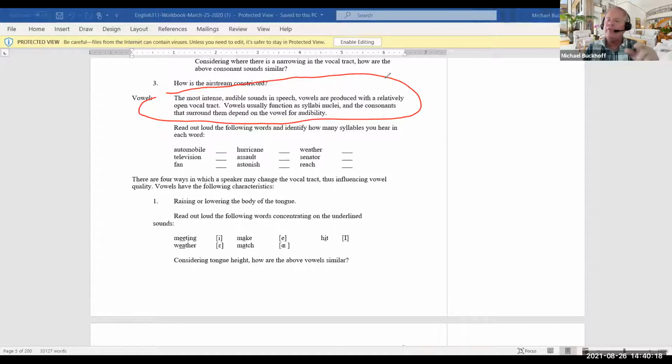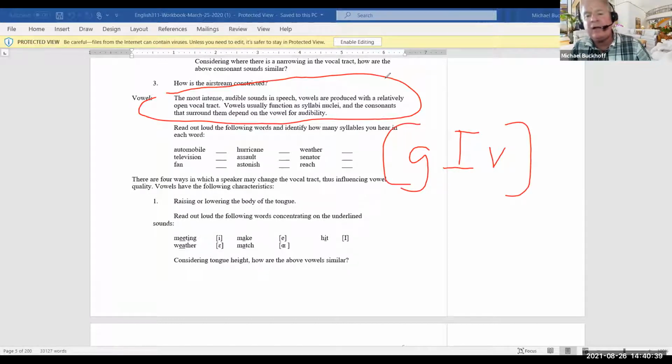If you know the number of vowels in the word, that makes it much easier when I ask you to transcribe words on quizzes and tests. So if I say give, that's one syllable, right? So you have one vowel sound and you transcribe it. It's very easy. So you know you're looking for one vowel.